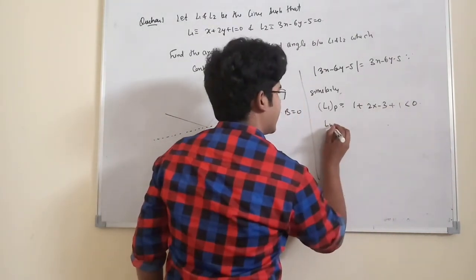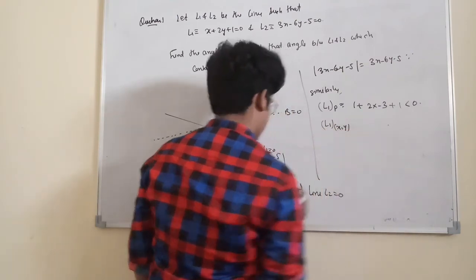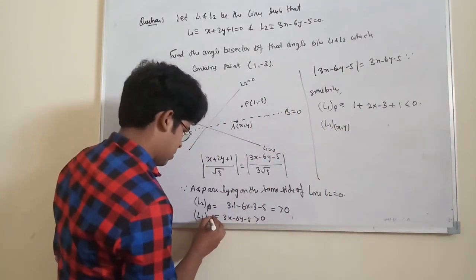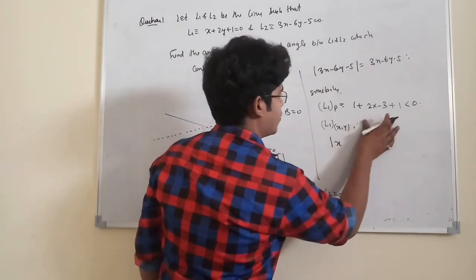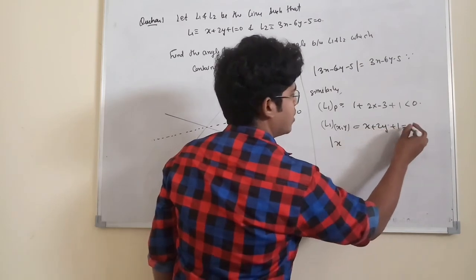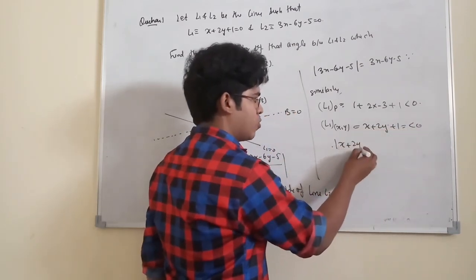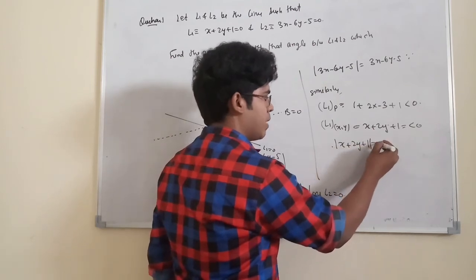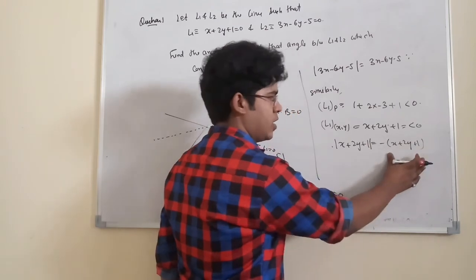So L1 of x comma y will also be negative. So x plus 2y plus 1 is less than 0, and we can say that modulus of x plus 2y plus 1 will be equal to minus of x plus 2y plus 1, because this is less than 0, right?